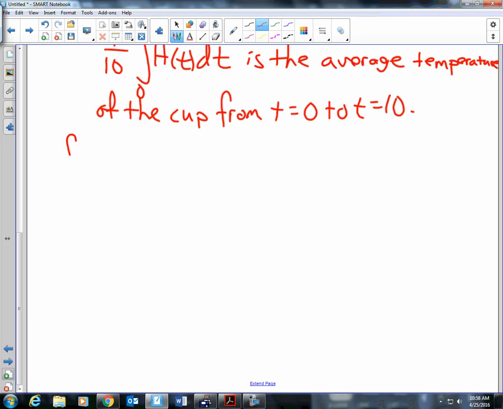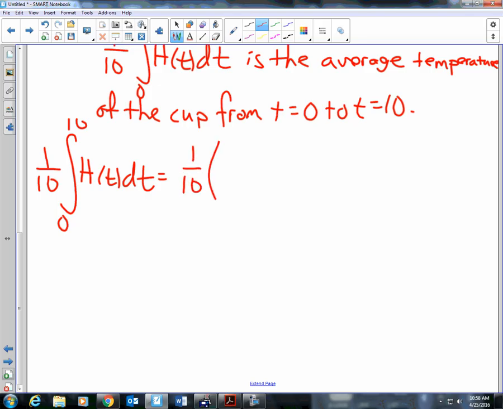So 1 over 10 times the integral from 0 to 10 of h of t dt is equal to, by using our trapezoidal sums, 1 over 10 times, we take 1/2 times the height of that first one, 2. What are the two bases? Plus 1/2 times what is the height of the next one? 3.